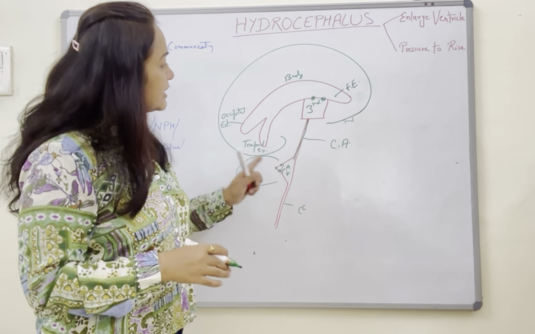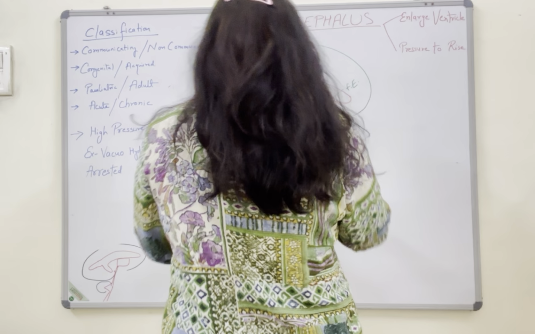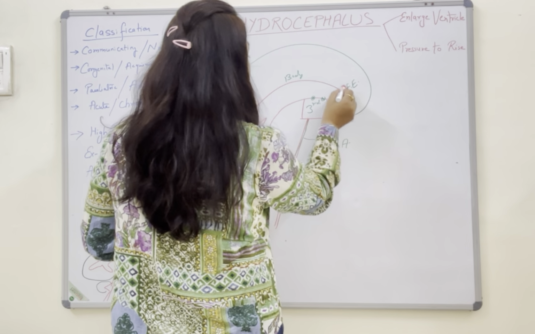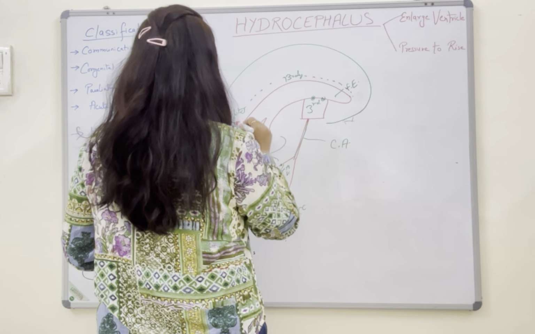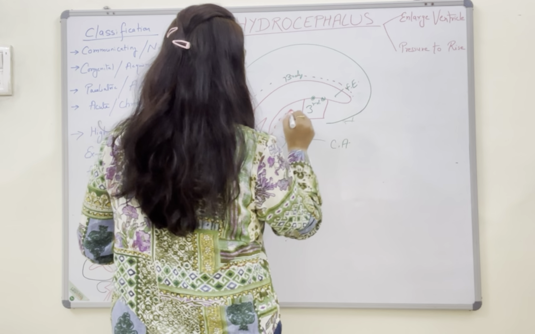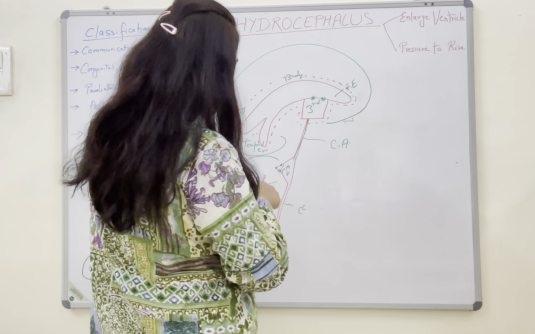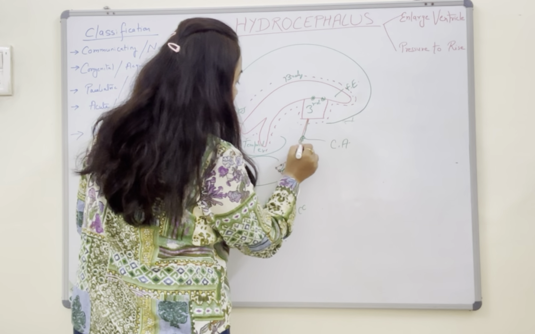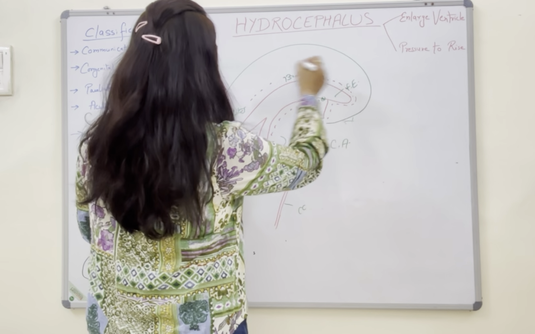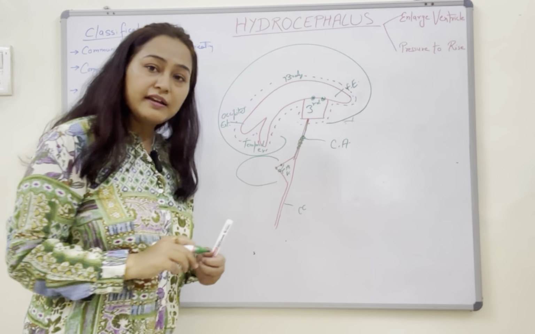This will create obstruction and that will cause the lateral ventricle to enlarge. Suppose the obstruction is at the level of the cerebral aqueduct, then the third ventricle and lateral ventricles are all enlarged.